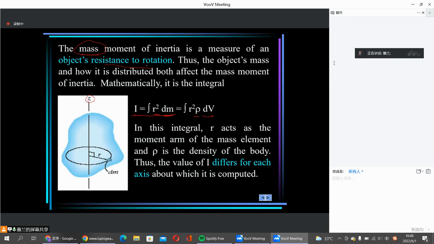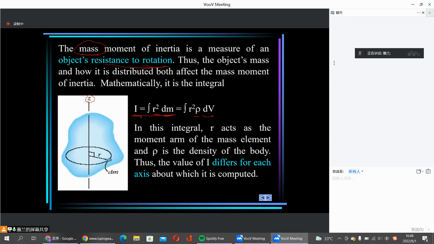Because when we talk about rotation, it's very important that we indicate which axis the rigid body is rotating about. So similarly, the mass moment of inertia measures the resistance to rotation about an axis.